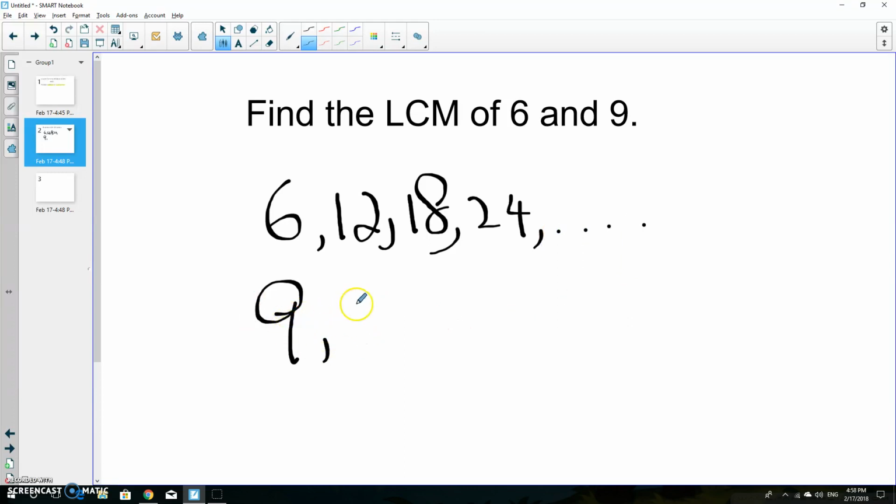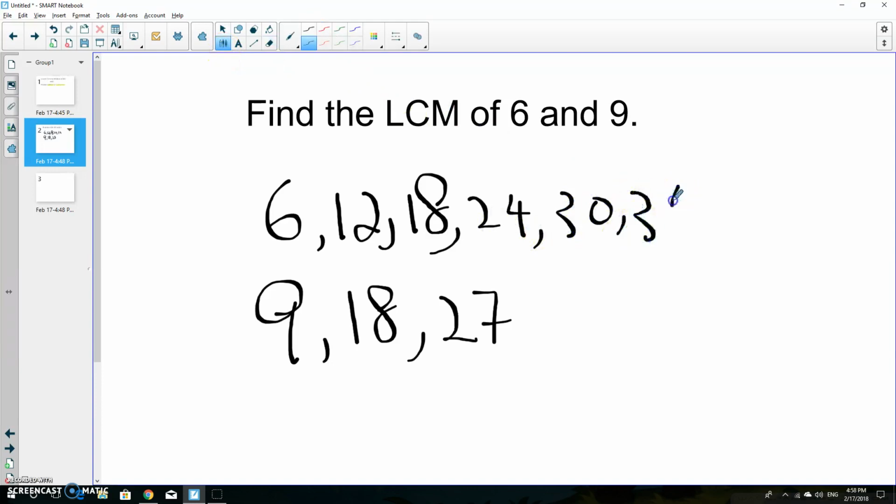For 9, you have 9, 18, and then 27. I should do a little bit more just to show the point. For 6: 24, 30, 36.